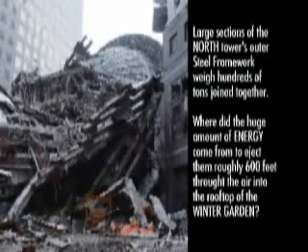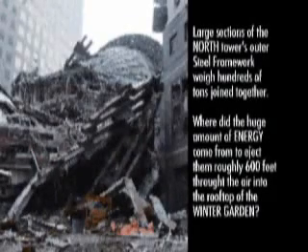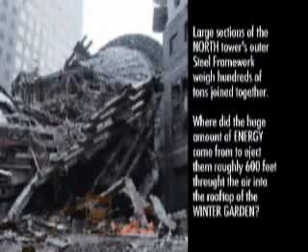Large sections of the North Tower's outer steel framework weigh hundreds of tons joined together. Where did the huge amount of energy come from to eject them roughly 600 feet through the air into the rooftop of the Winter Garden?